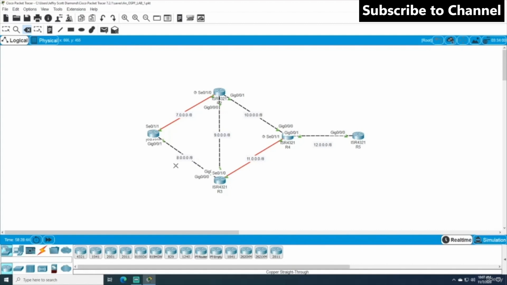If I remove the 8,000 network, router 1 will be forced to use the 7,000 network to route packets to the other networks. And of course, they will all have to redirect traffic over the 7,000 link to router 1. So that's not really going to change very much because they are still going to try to use these gig links whenever possible to route traffic to the other routers.